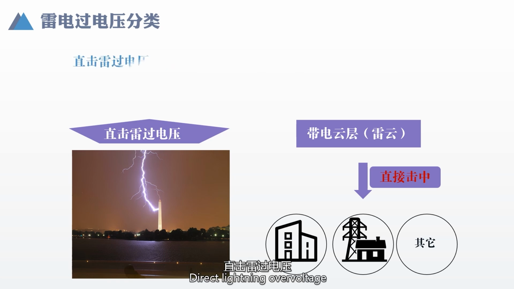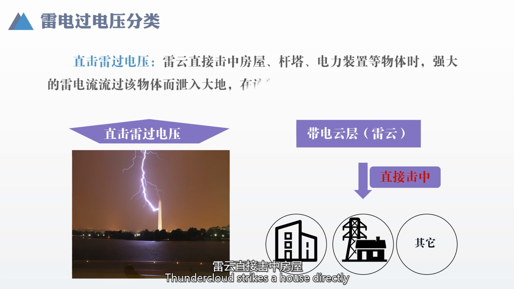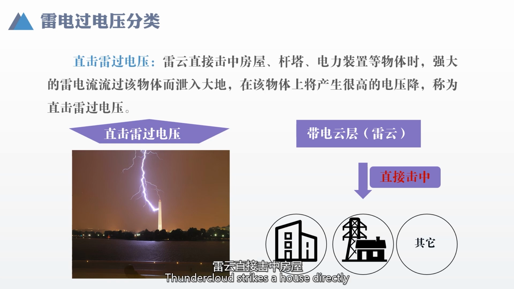Direct lightning overvoltage: when a thundercloud strikes an object directly, such as a house, pole and tower, or electrical installation, a strong lightning current flows through the object and leaks into the earth. A very high voltage drop is generated on the object. This is called direct lightning overvoltage.